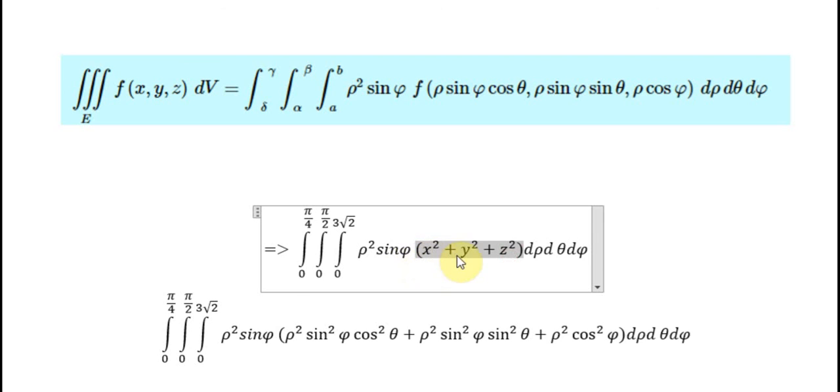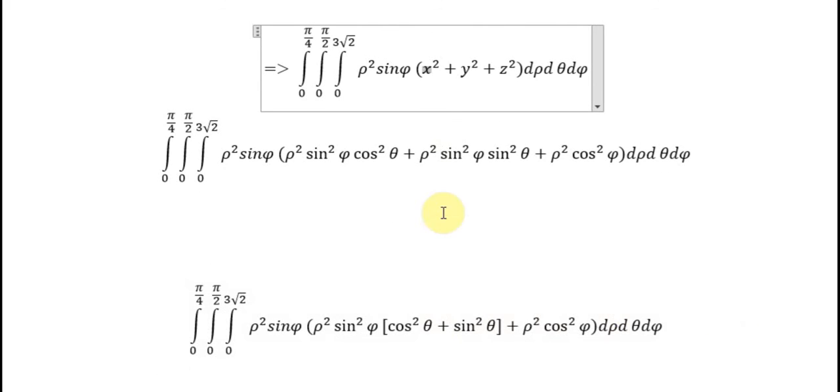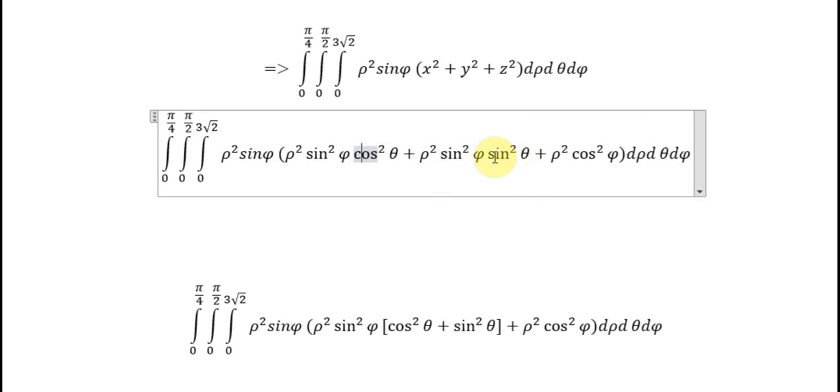This is the function x^2 plus y^2 plus z^2. In spherical coordinates, we convert x to rho sine phi cosine theta, y equals rho sine phi sine theta, and z equals rho multiplied by cosine phi. Later we factor here.